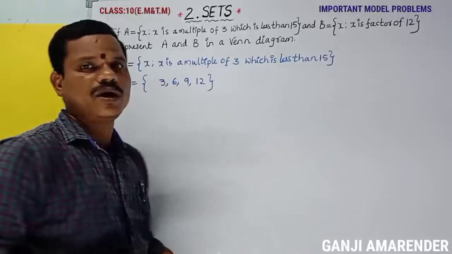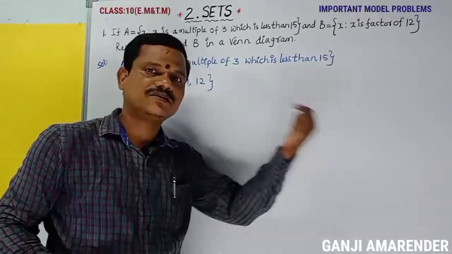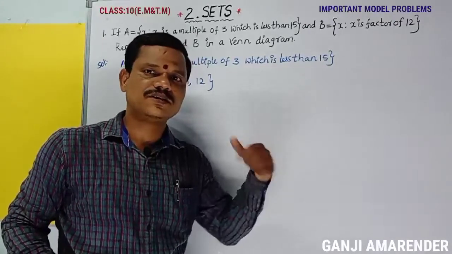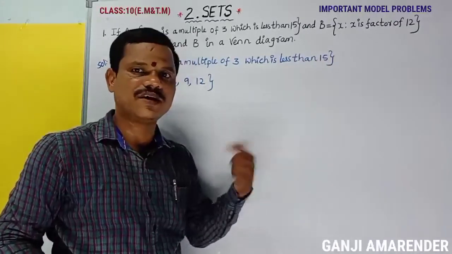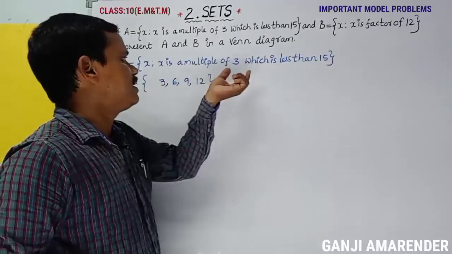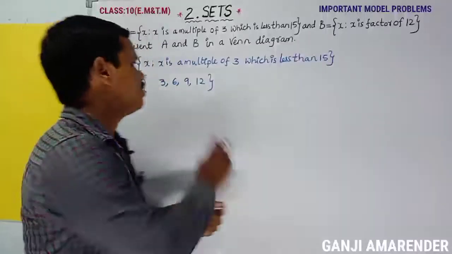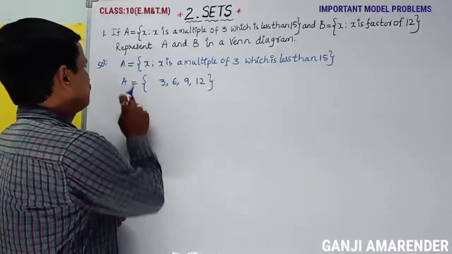Multiply the number 3 with natural numbers. 3 1s are 3, 3 2s are 6, 3 3s are 9, 3 4s are 12 and 3 5s are 15. But here set A is the multiples of 3 less than 15. Okay? So these are the elements in set A.